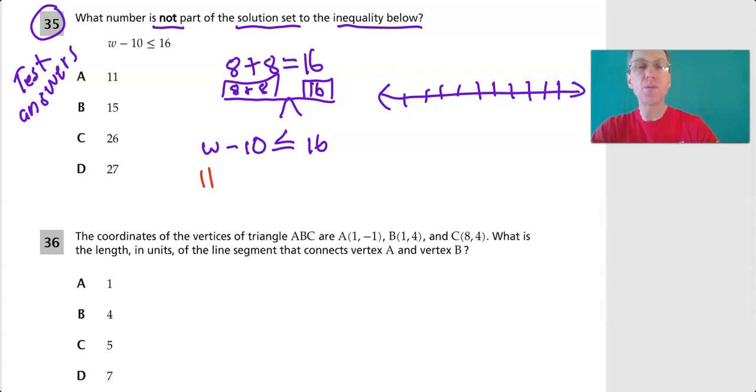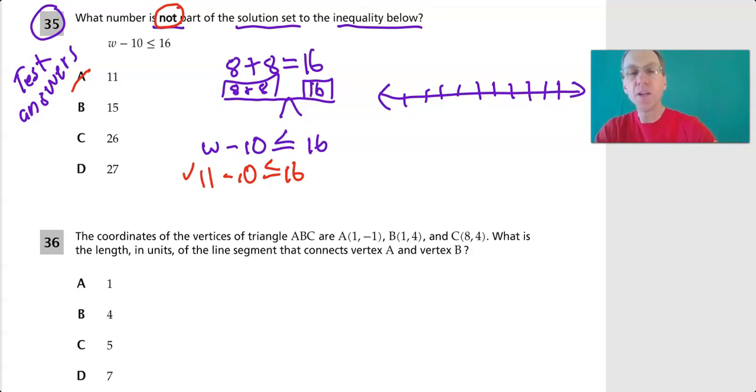So is 11 minus 10 less than or equal to 16? Well, 11 minus 10 is 1. Is 1 less than or equal to 16? Absolutely. But remember, we're looking for the one that does not work, and that'll trick a lot of you.